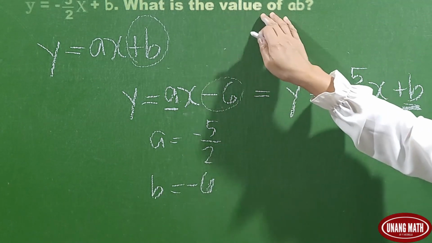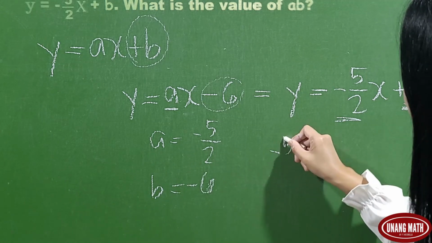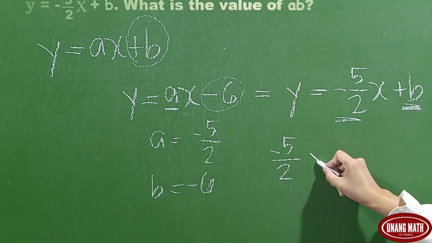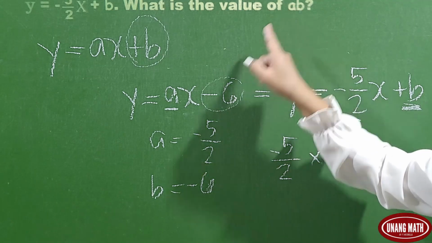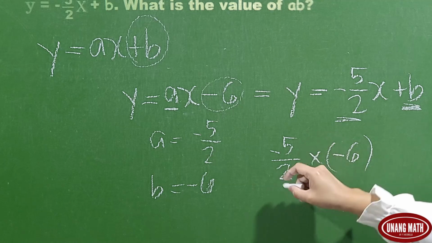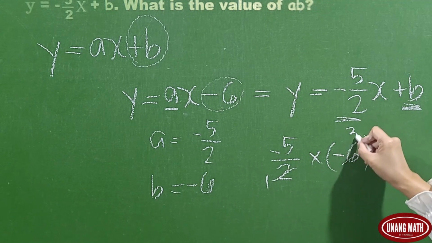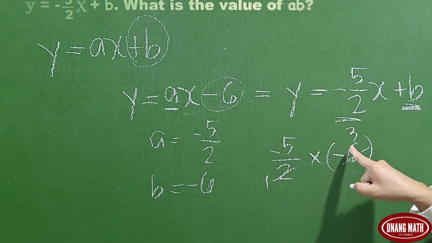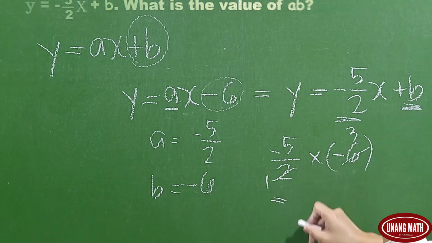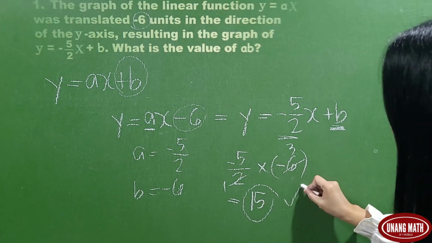What is the value of ab? It's -5/2 multiplied by the value of b, which is -6. We simplify: the 2 and -6 reduce, this now becomes 3, and -5 times -3, the value of ab is 15.